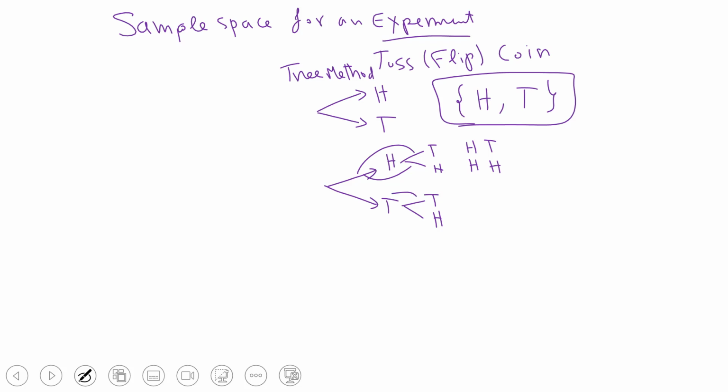Again, here you go to this road, so you have TT, and you go this road, you have TH. How to write this in a sample space set? HT, HH, TT, and TH. This is the sample space when you toss or flip the coin twice.